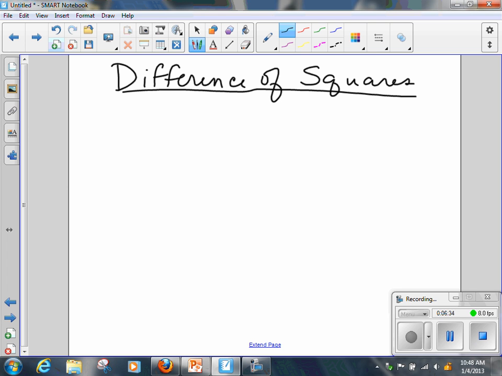What did we learn about yesterday? Difference of squares, how many terms? 2 terms. Difference means what? Subtraction. And it's going to be the subtraction of 2 what kind of numbers or terms?